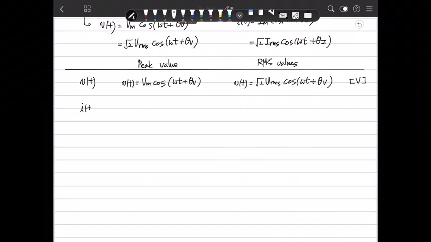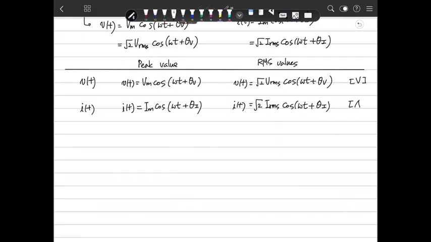Then current i(t), if represented with magnitude Im cosine omega t plus theta I, can be represented in the RMS value as root 2 I RMS cosine omega t plus theta I. Unit of this is ampere.